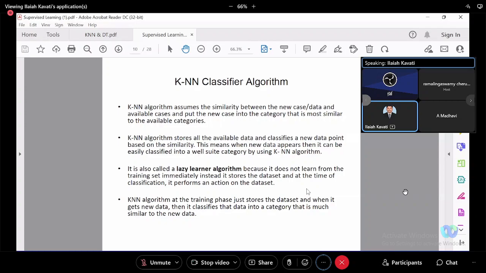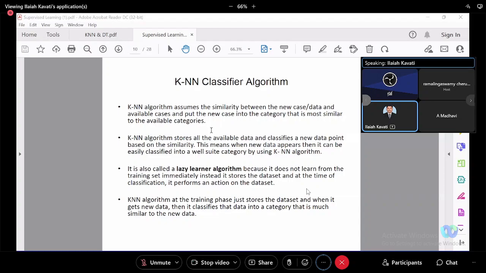So here the KNN algorithm assumes a similarity between a new case and the available cases and puts the new case into the category that is most similar to the available categories. Let us assume we have a set of groups.